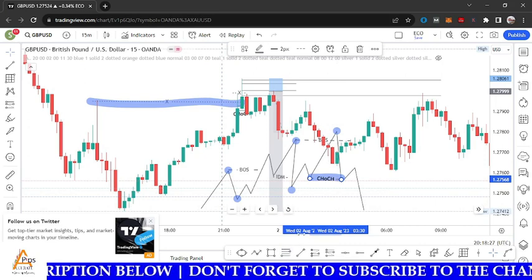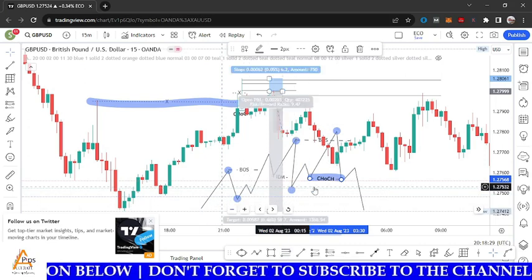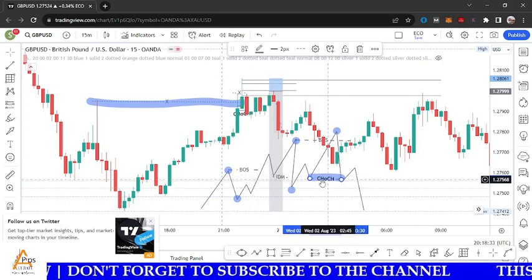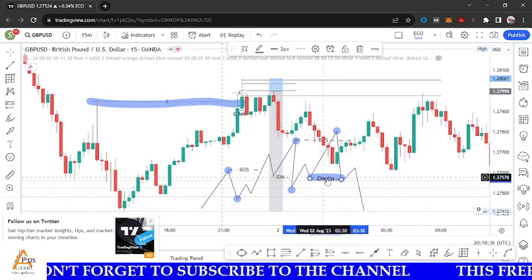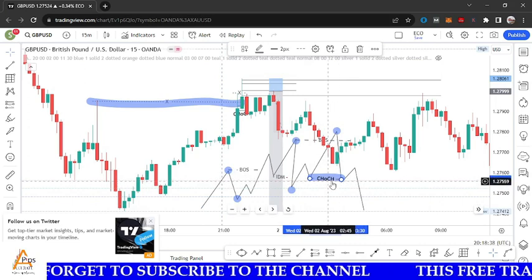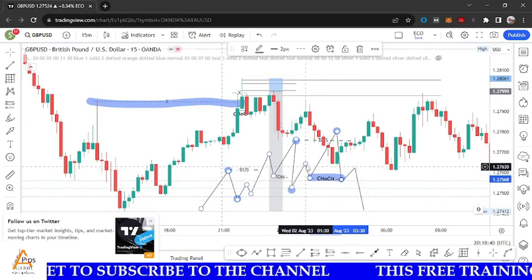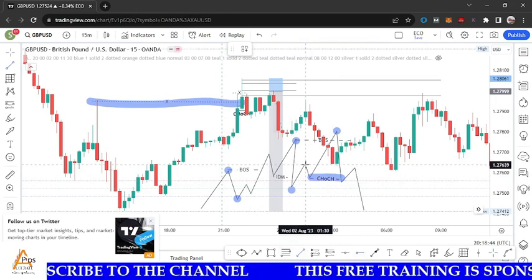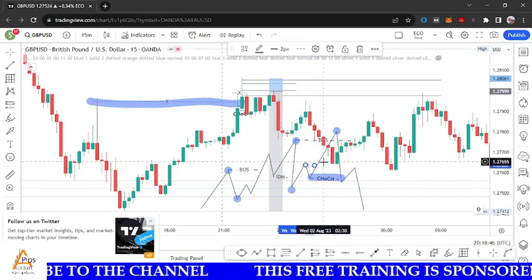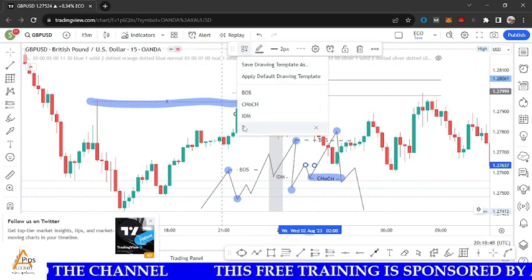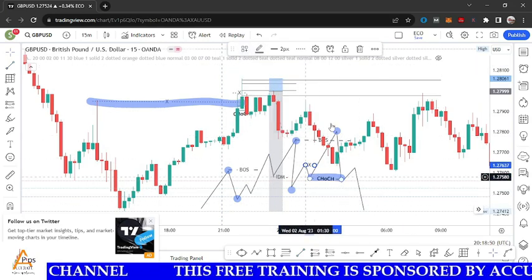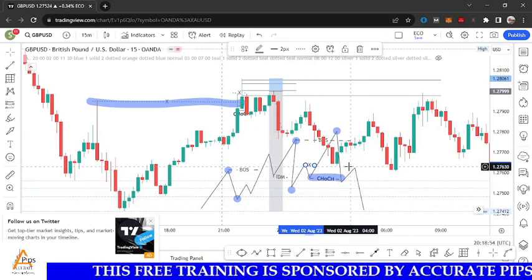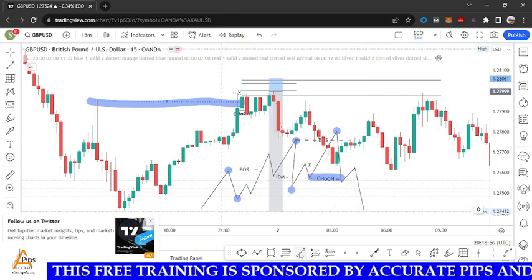Yes. All right. So that is how to differentiate between the IDM and, in this case, this one is no longer the IDM but rather the CHoCH, and this pullback rather becomes your IDM, or what we call liquidity. Price took out that liquidity, and this also becomes liquidity over here.